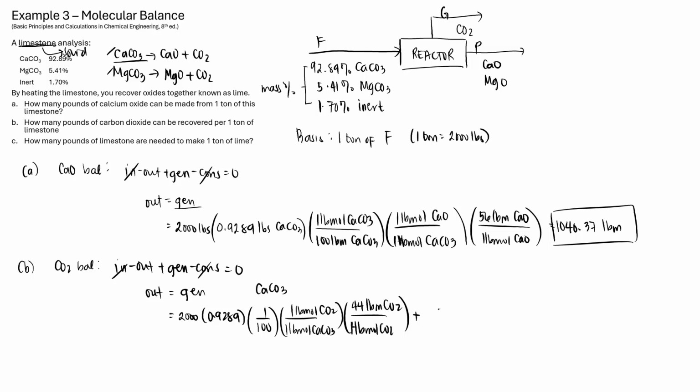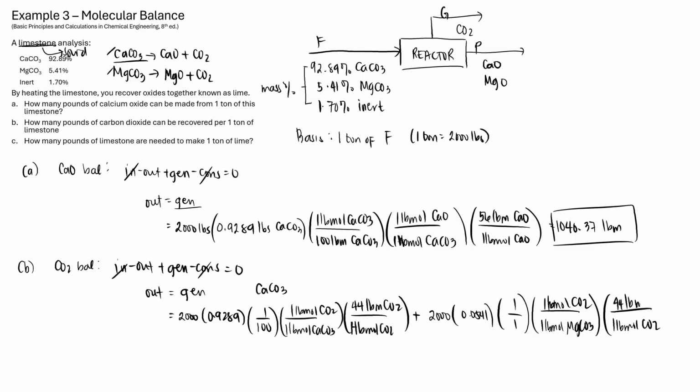Let's do for MgCO3. 2000 times 0.0541 times, what's the 1:1? 1 pound mole MgCO3, 1 pound mole CO2, and 1 pound mole CO2 gives me 44 pound mass CO2.